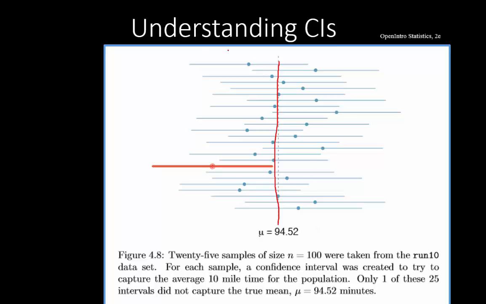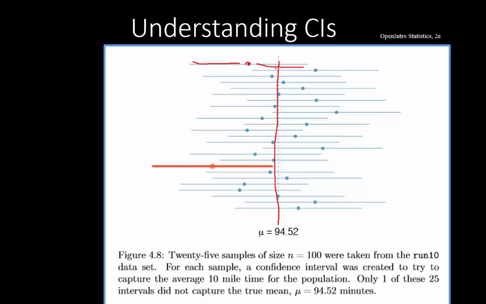And each of these lines represents constructing a confidence interval, with the dot being the mean, and then these two pieces here on either side representing our confidence interval, the plus and minus part to the mean.